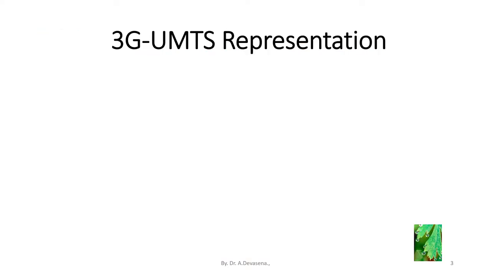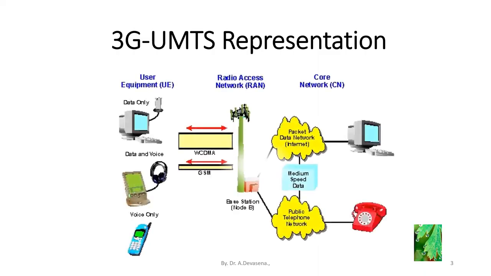Here is a representation of 3G UMTS. In this 3G UMTS, we have three segments. They are user equipment segment, radio access network segment, and core network segment. The user equipment components are indicated here.